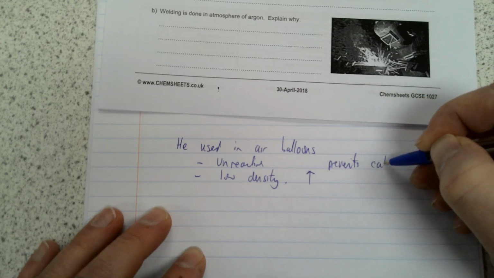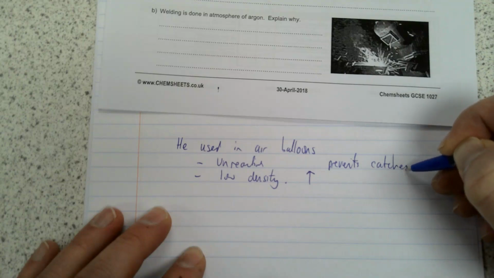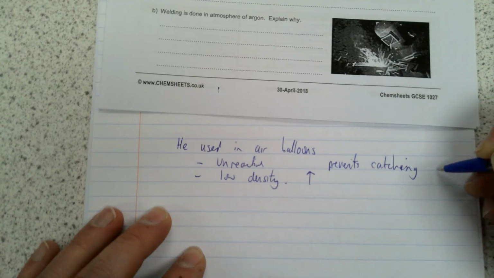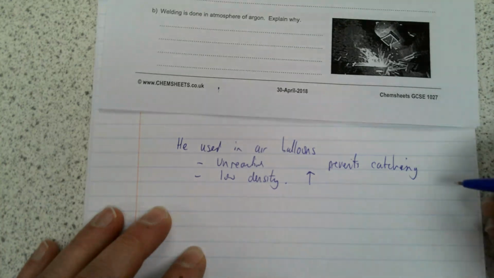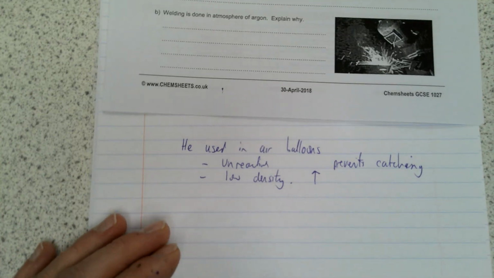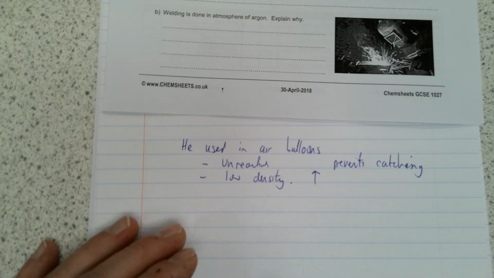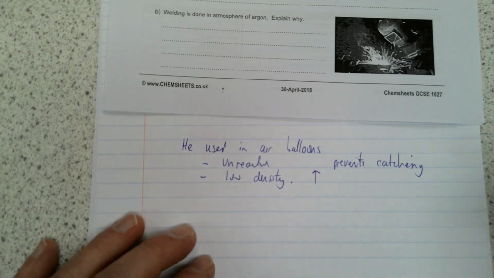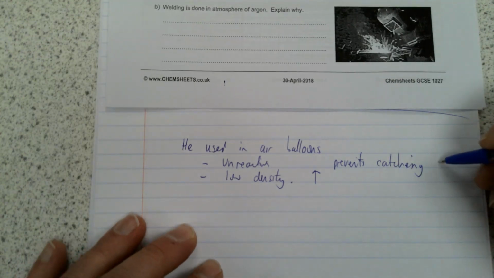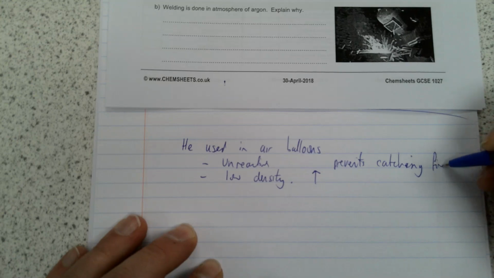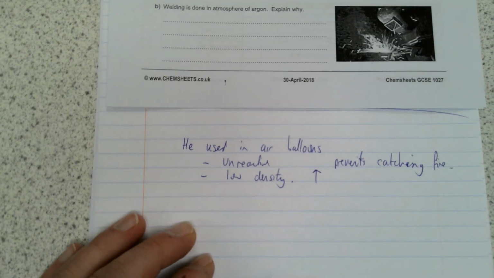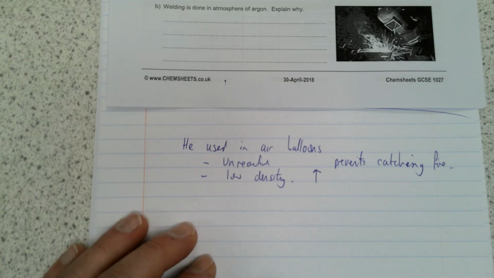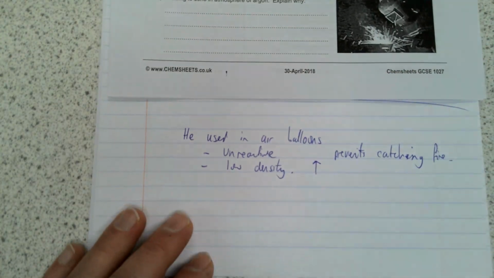So what happened with the Hindenburg is that as the Zeppelin arrived at the station, a static spark went from the metal station that it ends up at to the Hindenburg, and that caused the hydrogen to catch fire. And lots of people died. And so if they do things like this now, they use helium.